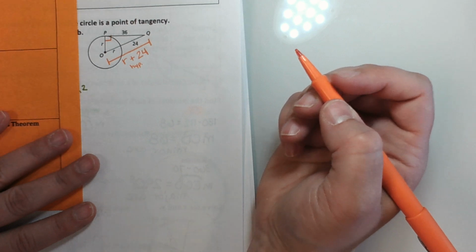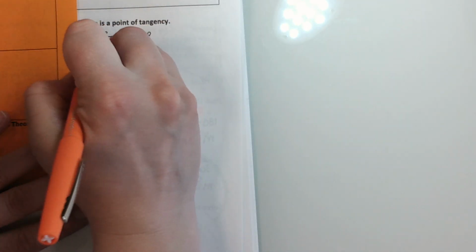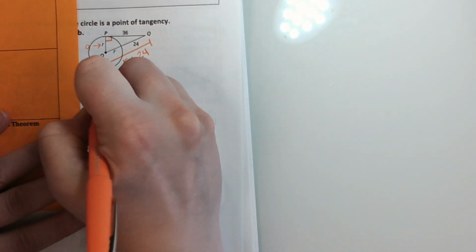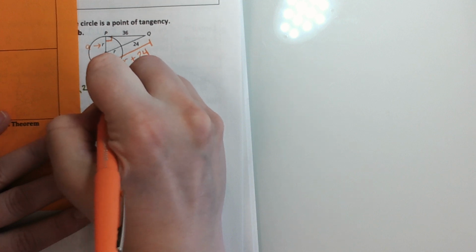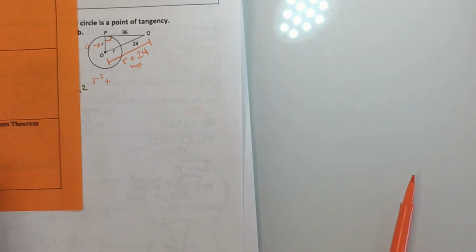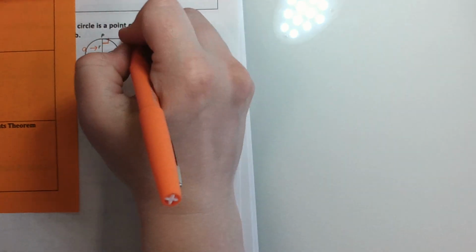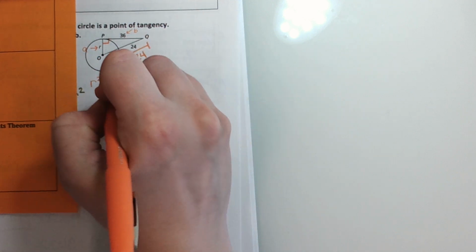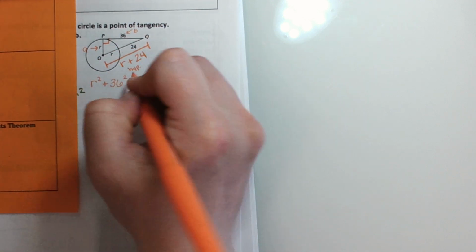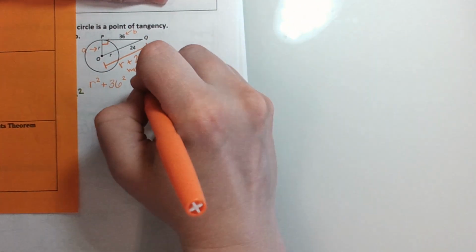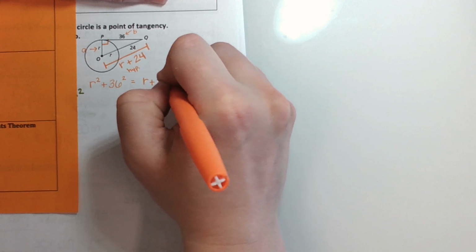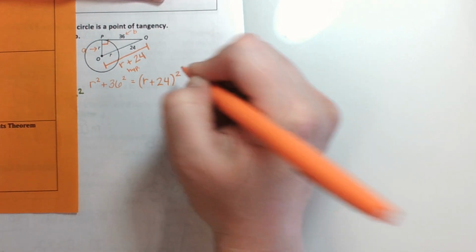You can make this the a. So r squared plus, yep, that would be the b. Squared. Beautiful.